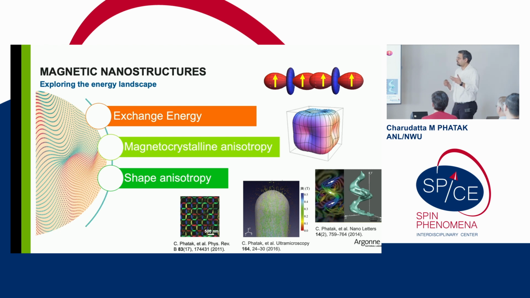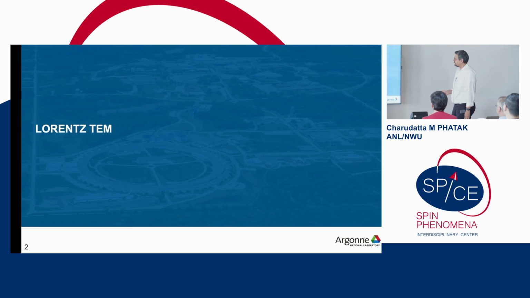So it becomes important to understand and correlate the structure and the magnetic behavior together in these kinds of systems. There are other energies which probably are not included here, but those are the important ones.